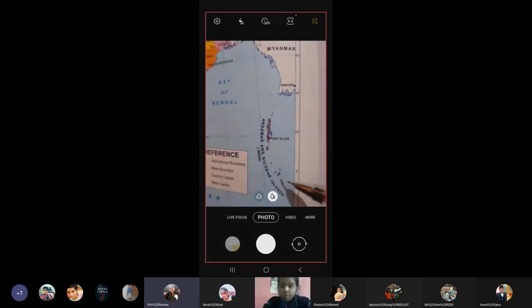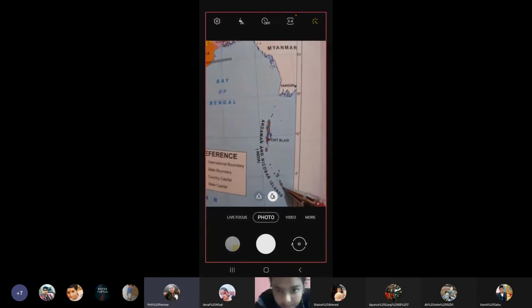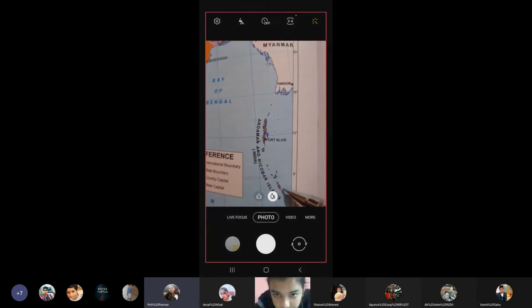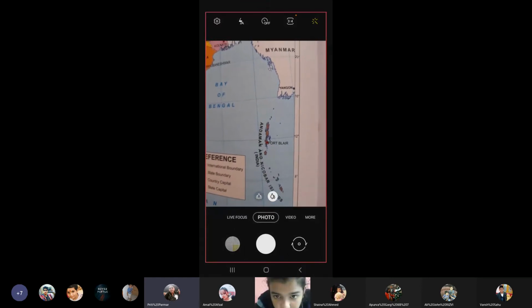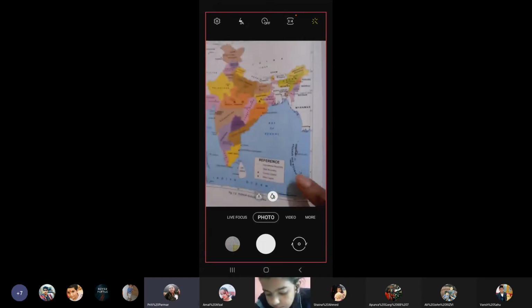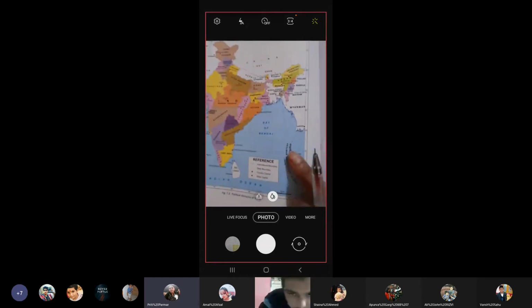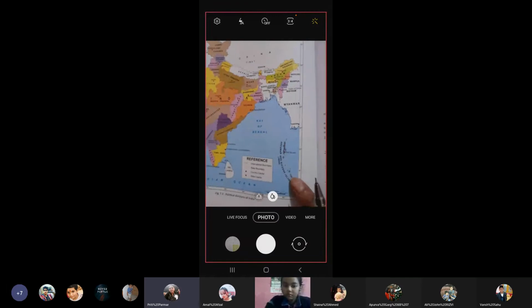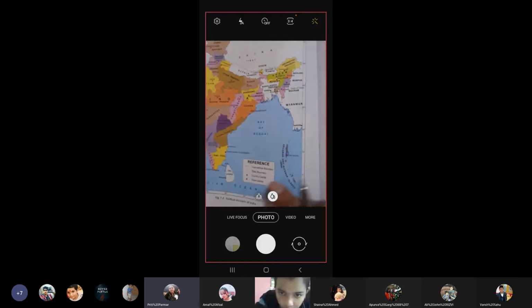And Indira Point is somewhere here on the extreme side. If you see the full map, this is the Andaman and Nicobar Islands. And this particular area, the lowest point of India, is Indira Point. Please underline Indira Point right now. Underline it.